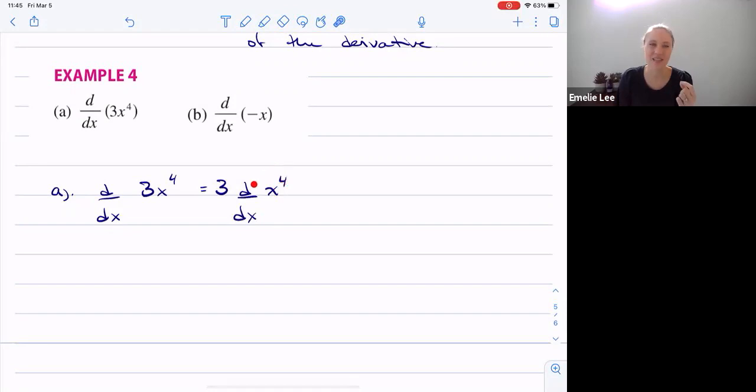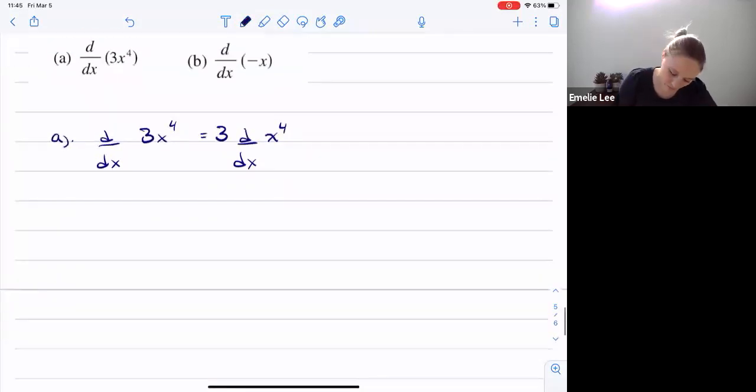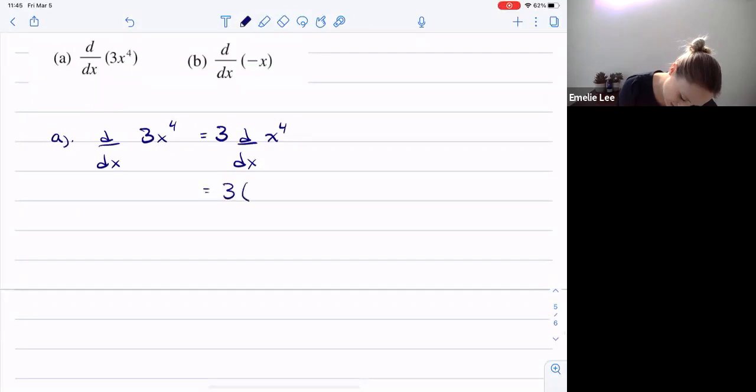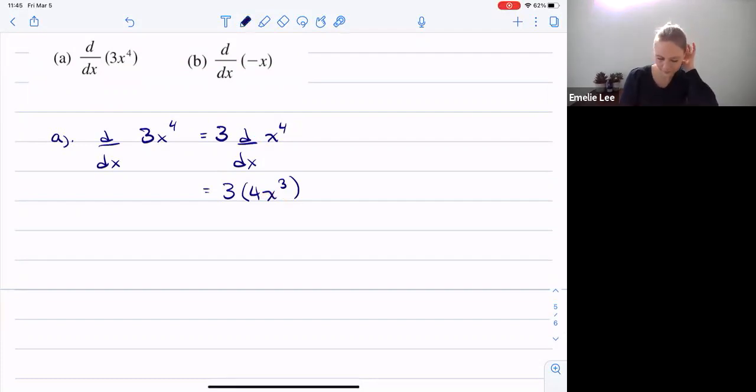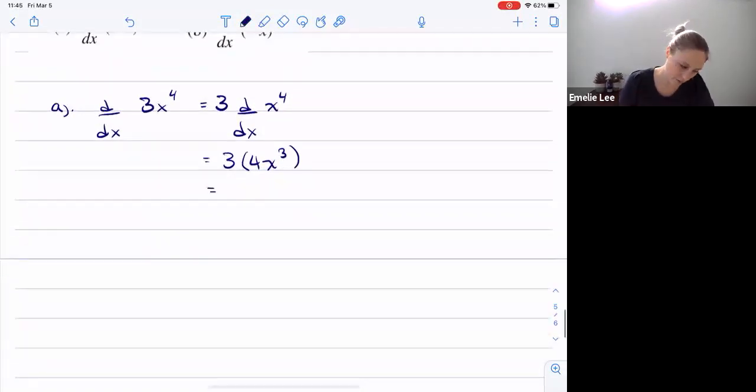When I bump this 4 down in front, it's going to multiply that 3. So this becomes 3 times 4x to the power of 3. Bump that 4 down in front and then decrease the power by 1. So then I get 4x to the power of 3, which, if we multiply this out, puts us at 12x to the power of 3.